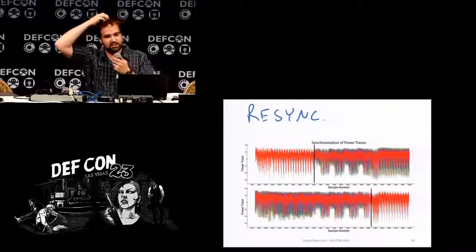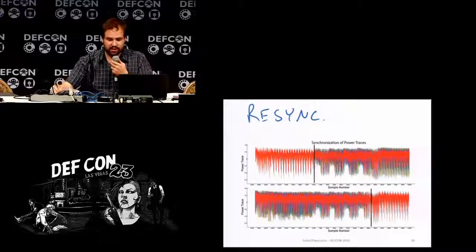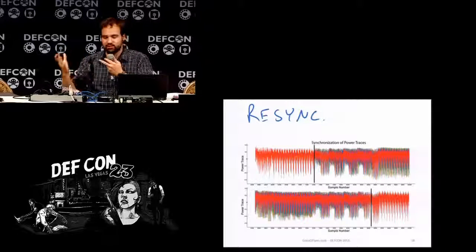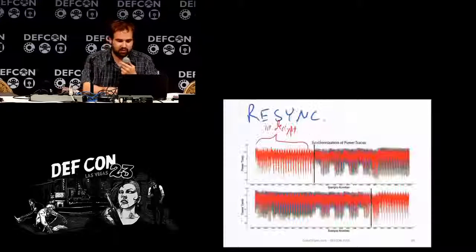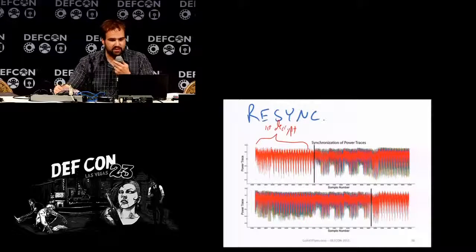The only sort of tricky business is that the attack might have a bit of random jitter in it. This is really easy to deal with in the software. We can see here, for example, this is the first decryption round. We see it becomes unsynchronized with the second round, and that's because there are some time-dependent operations.